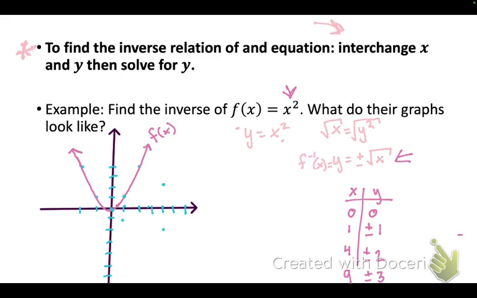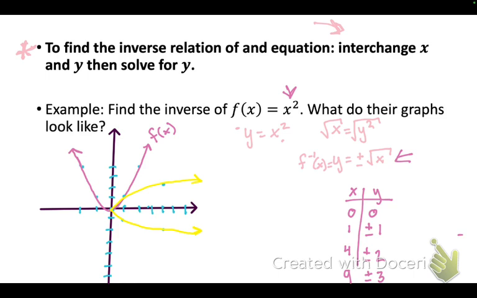Okay, so it goes here and it goes where? Here. There. So it can make it in a different direction. Okay, so every inverse will do the same thing that this one did because we interchange the x's and y's.